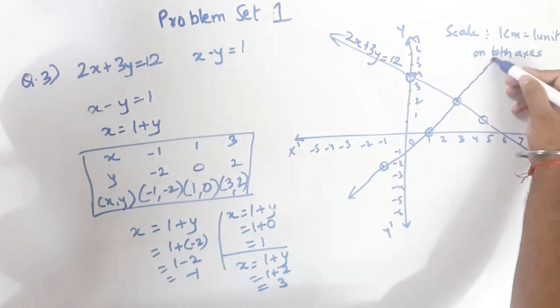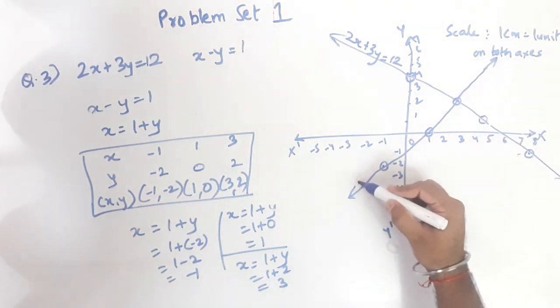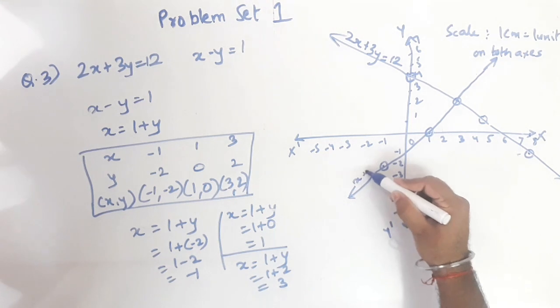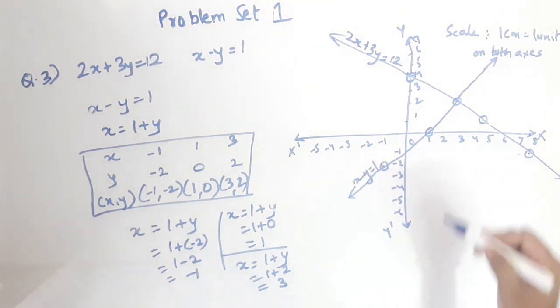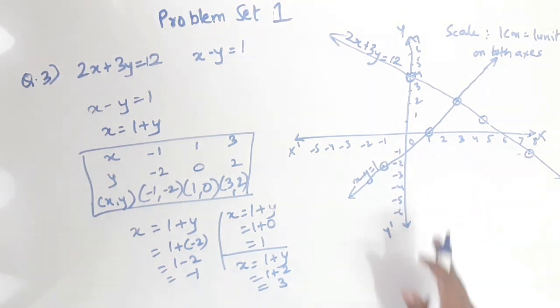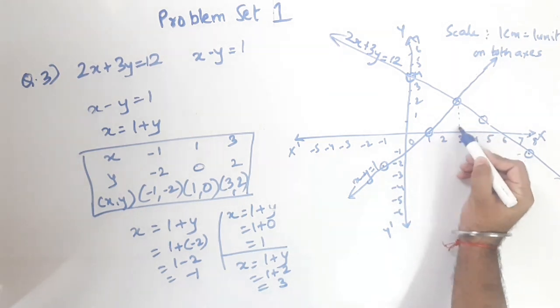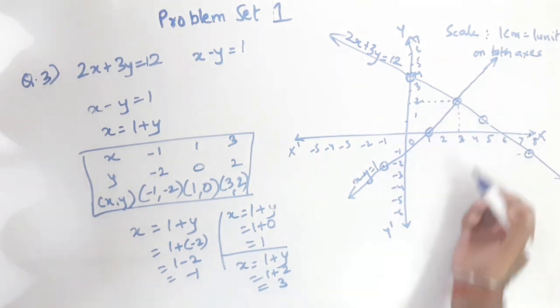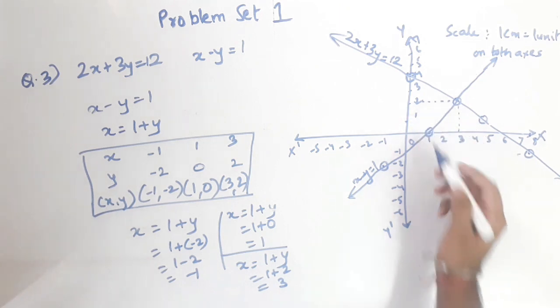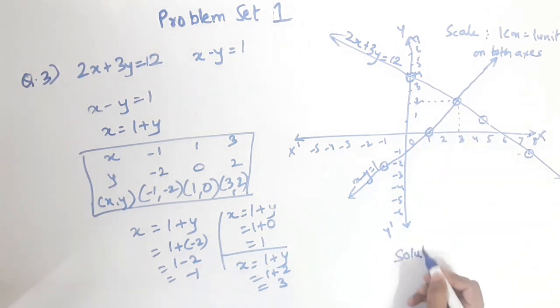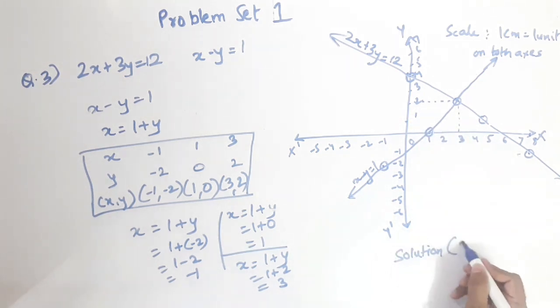Okay, so as soon as you draw, you have to write x minus y equals to 1. You have to write its equation. Okay, and you can see the point of intersection is this, 3 on the x-axis, 2 on the y-axis. So you can write the solution 3 comma 2.